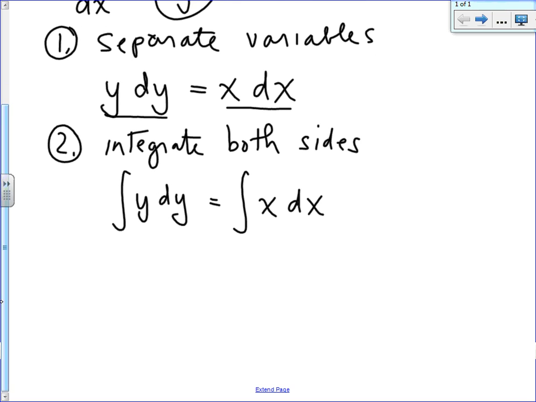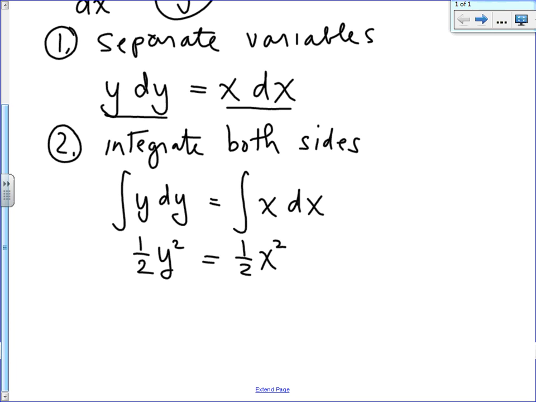All right, so now we go into the rules of integration. If I integrate y dy, I'm going to get 1/2 y squared. That's a power rule, should be an easy one. And if I do the other side, same thing, I'm going to get 1/2 x squared.